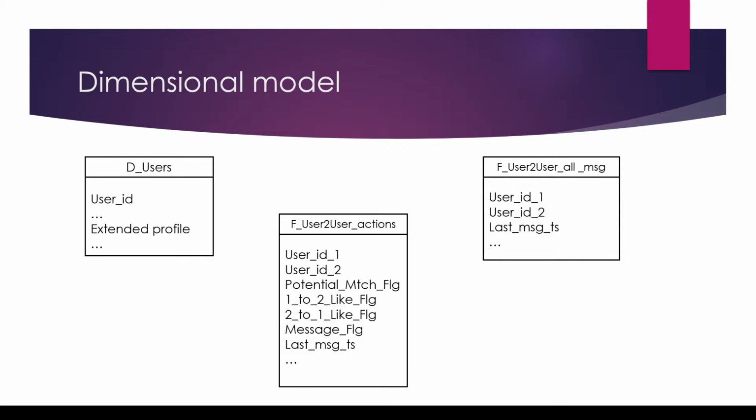Coming back to the user to user actions table, this could potentially create multiple updates for a fact table. And updating the fact table multiple times, especially in a large data set, is going to be potentially disastrous.